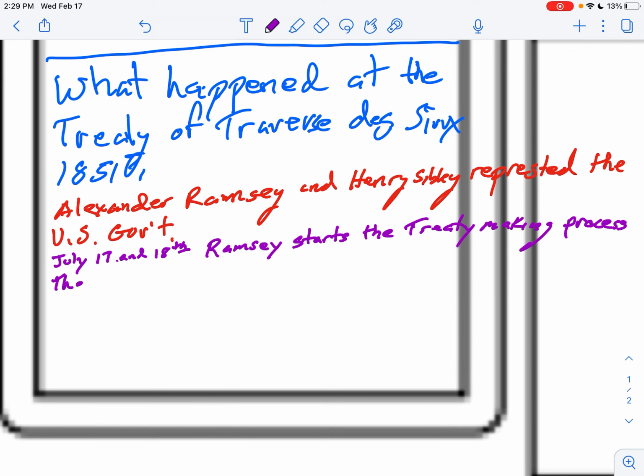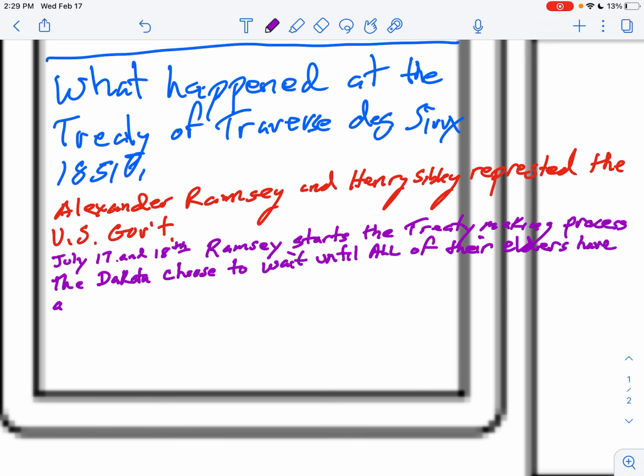The Dakota choose to wait until all of their elders have arrived before making a decision.